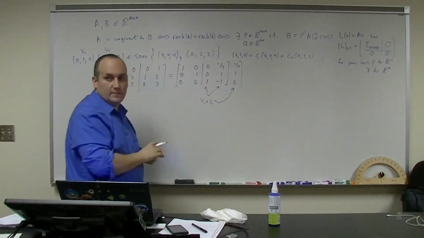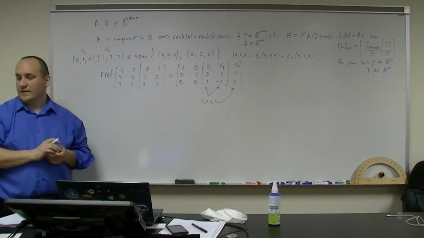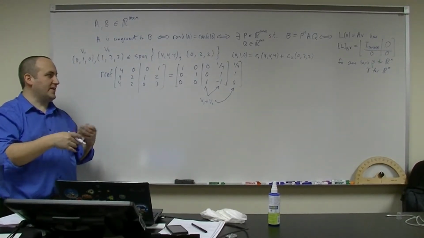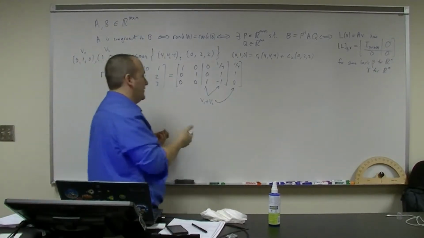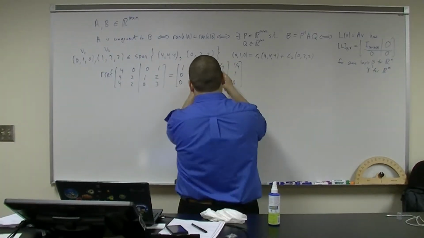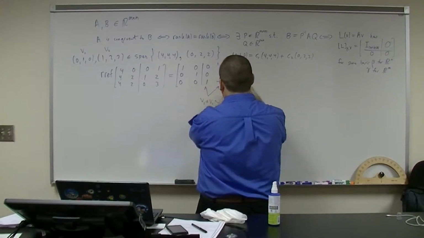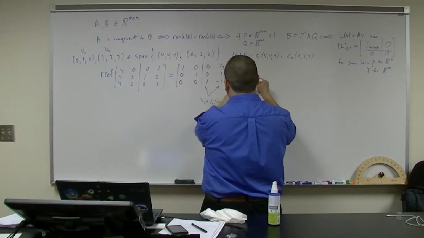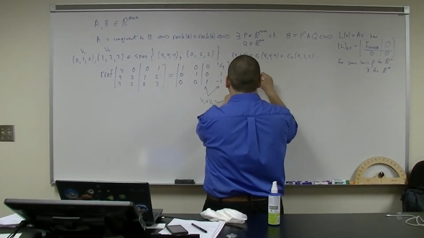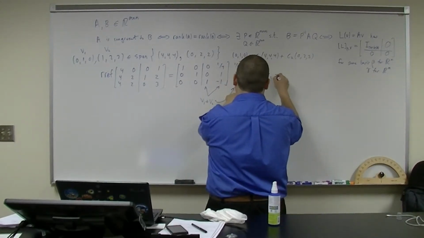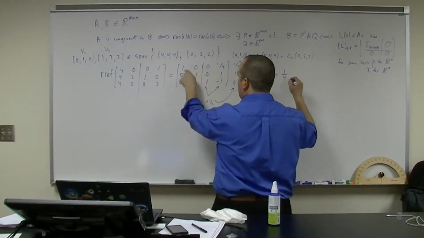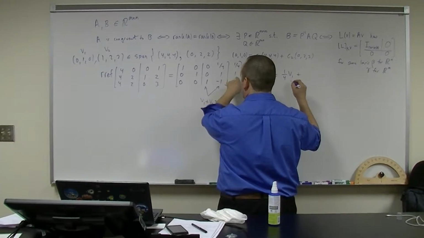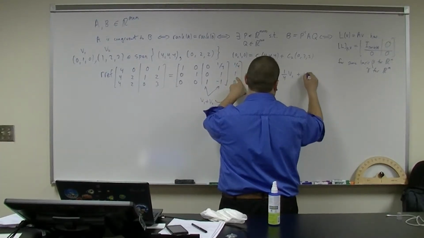That is an element. By the column correspondence property, I can see from these two that if I add those, that gives me this column, and then I'm pretty sure that V1 plus V2 is equal to 1/4 of V1 plus V2.